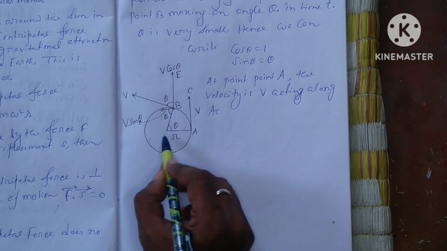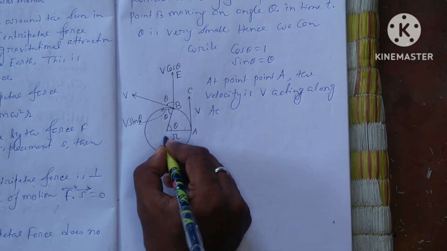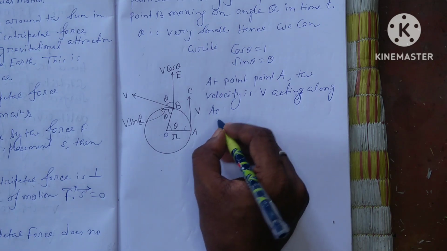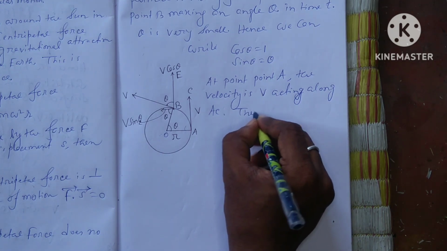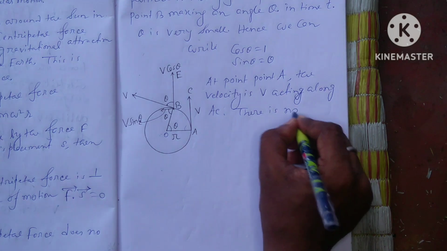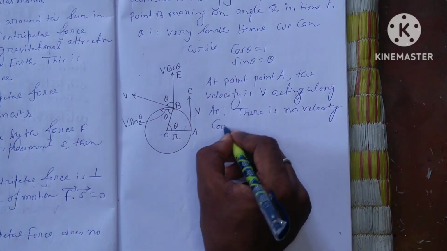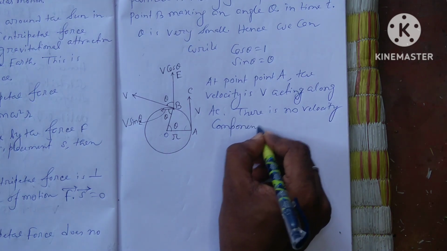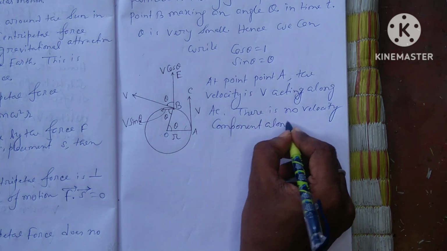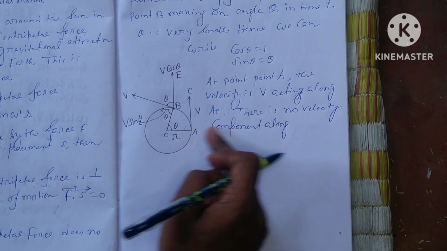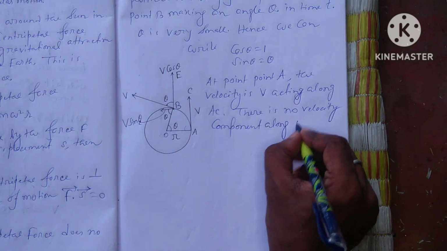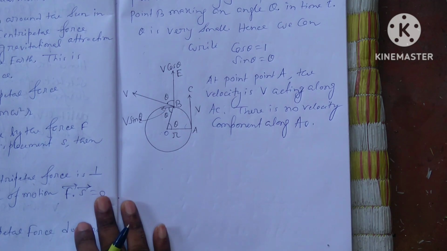There is no velocity component along AO.